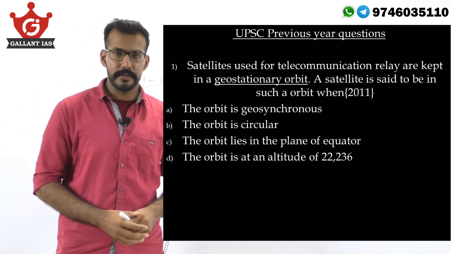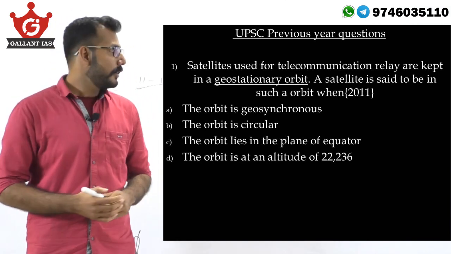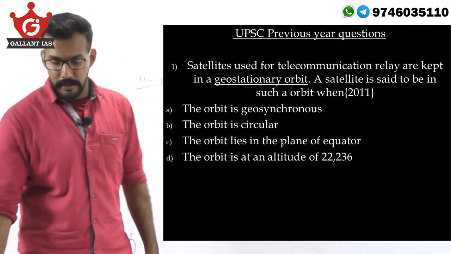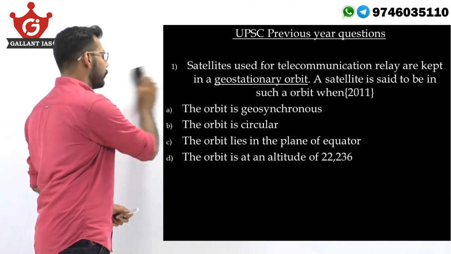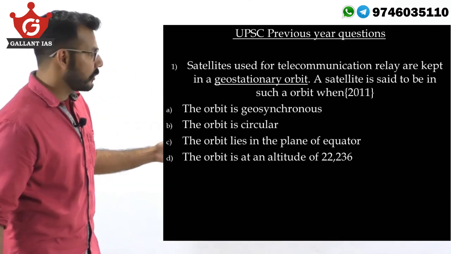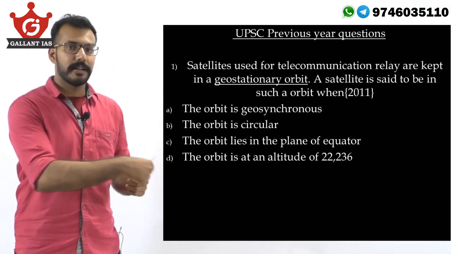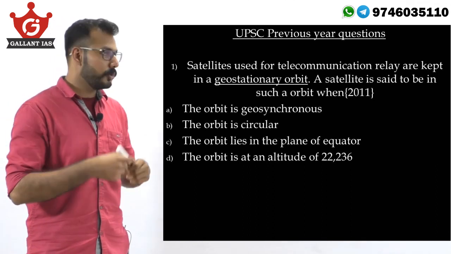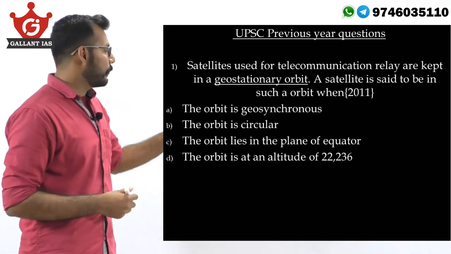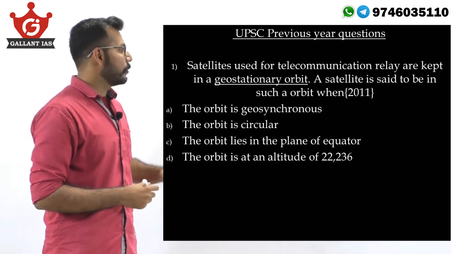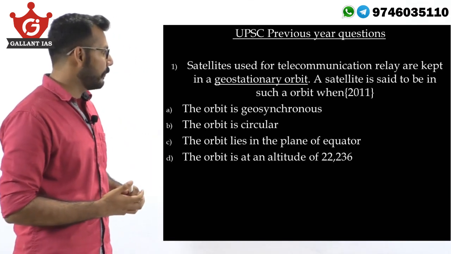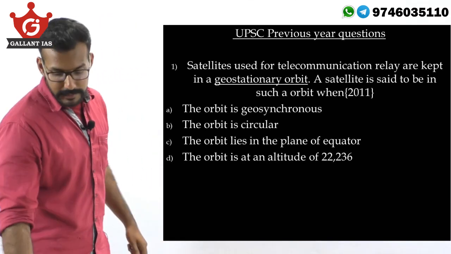Now, before we move on, it is very important for me to stress that current affairs questions are a favorite of UPSC, and they usually ask questions based on current affairs which is relevant and seen in the news. Take for example this question. They asked about geostationary orbit. This was asked in 2011, which was current affairs back then.